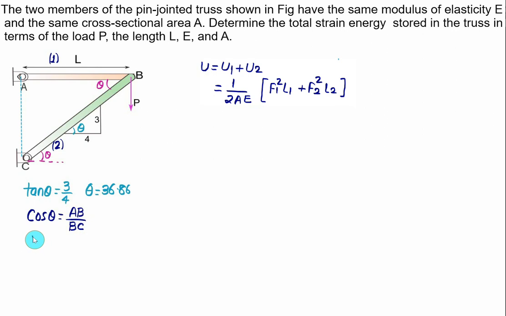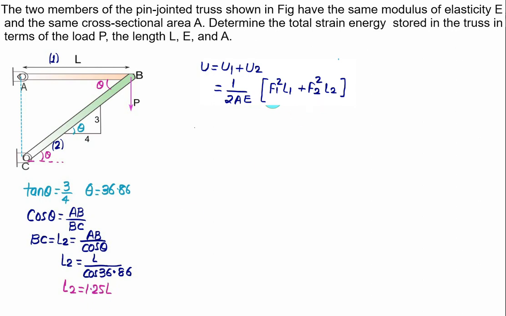We are interested in BC, which is L2, equal to AB divided by cos of theta. That is, L2 is equal to L divided by cos of 36.86. So we get L2 is equal to 1.25 times L.